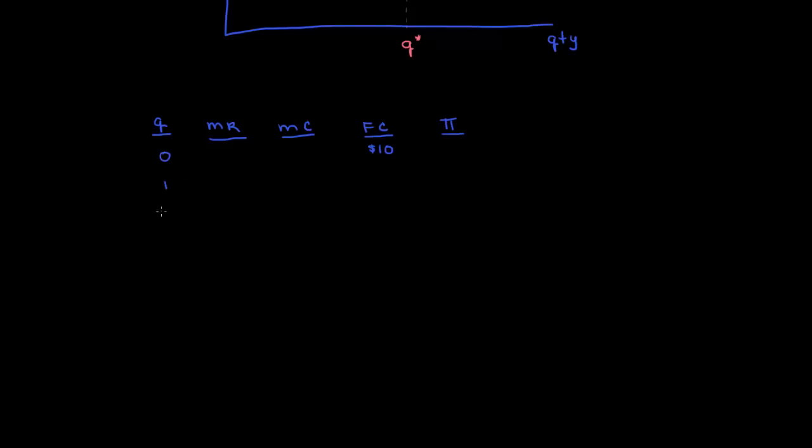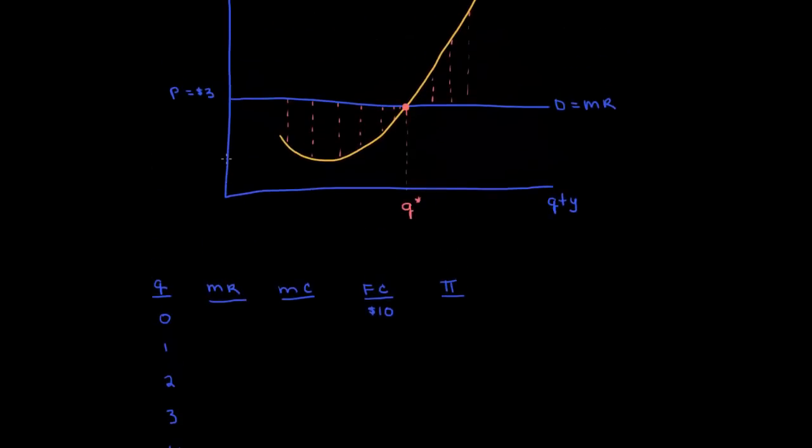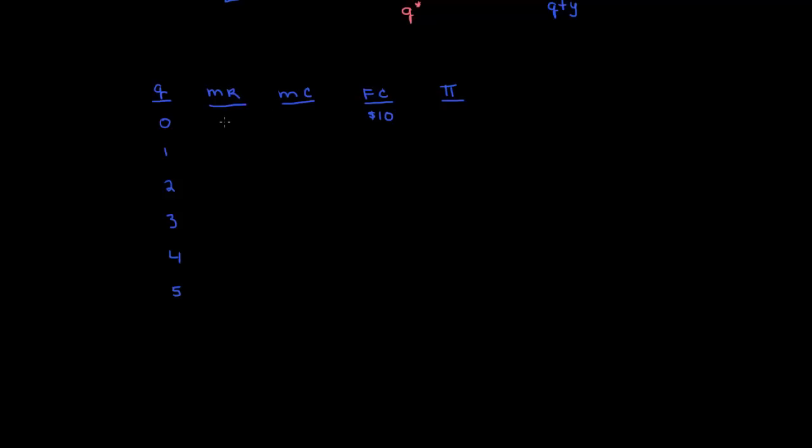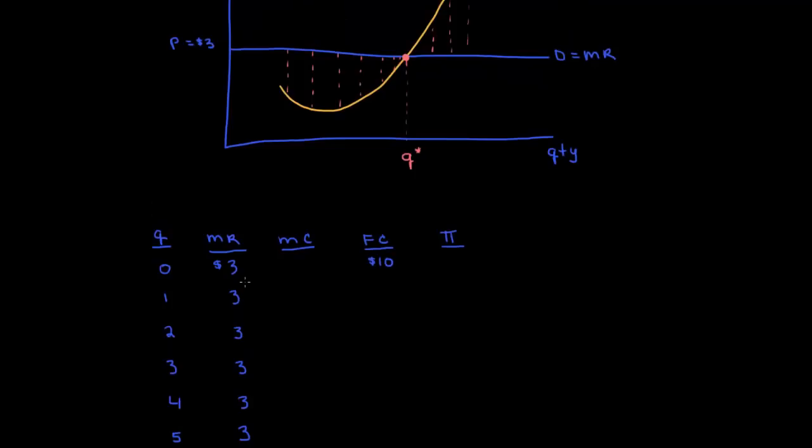Let's go quantity 0, 1, 2, 3, 4, 5. And marginal revenue, no matter how much this firm produces, the marginal revenue that it will see is given by the market price of $3. So we're going to go ahead and put in marginal revenue of $3. The marginal costs for this firm initially decrease and then they increase.